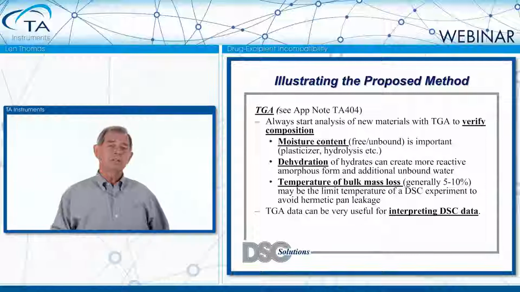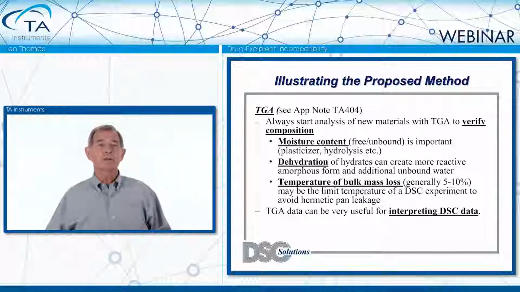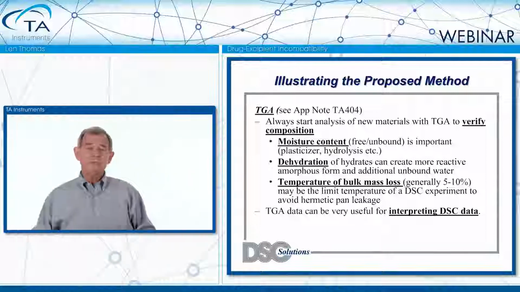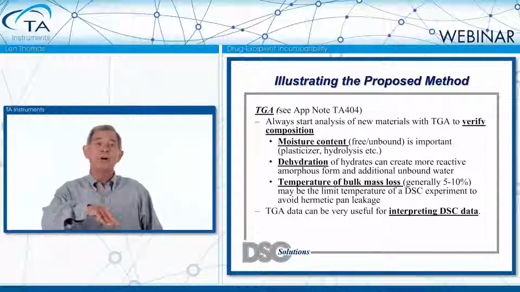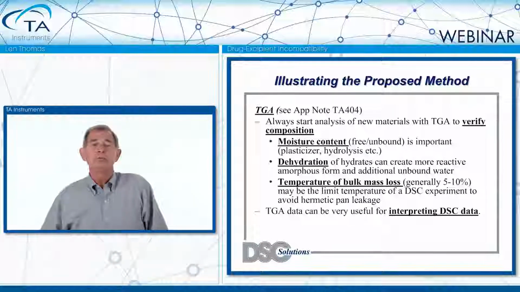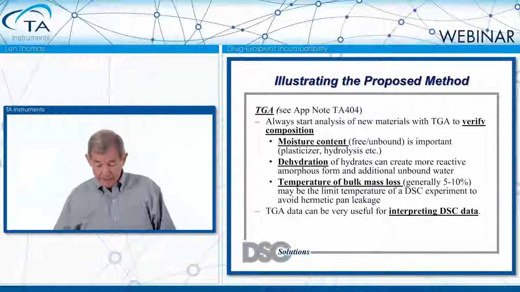So doing the TGA first tells you at what temperature you have that bulk mass loss. And that is probably going to be the limit temperature that you'll use then for your DSC experiments and modulated DSC experiments. And lastly, the TGA is really helpful. Once you know what the components are, you can use that information to help with your interpretation of the DSC data.